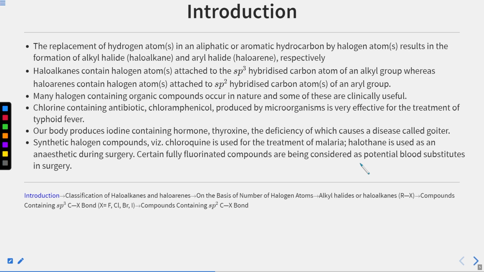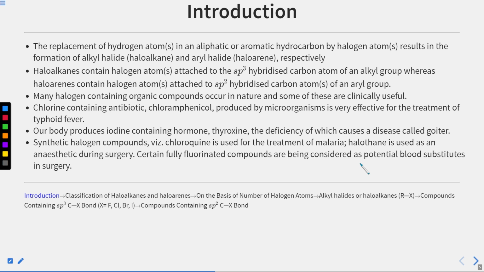These elements are fluorine, chlorine, bromine and iodine. Now suppose we take a compound, say methane, then we have 4 hydrogens attached to 1 carbon. Then we replace one of the hydrogens with a halogen. That halogen can be anything: chlorine, bromine, iodine, fluorine, any of these 4.